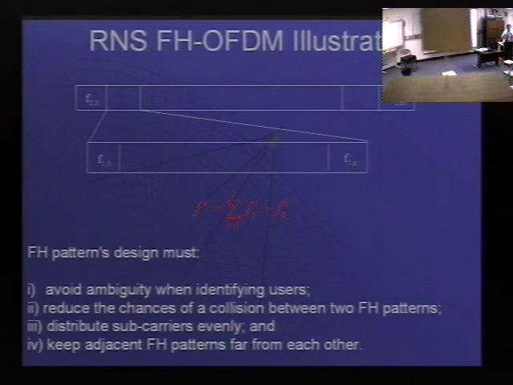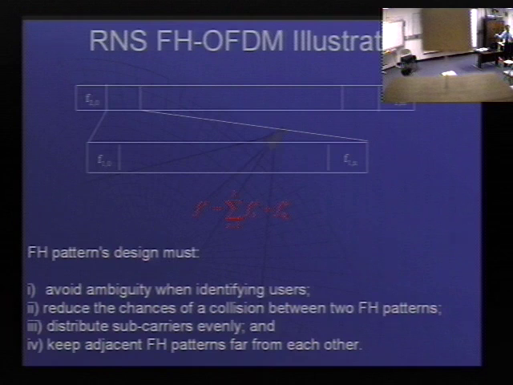You don't want to have two hopping patterns collide. The Walsh code, for instance, is a pseudo-random code, but how do you assign it? You want the least chance that one cell site assigns the same number as the other cell sites. You try to keep them as far apart as possible, just like when you're driving a car, you try not to collide with the user beside you or the user in front of you. Walsh code is just a code, but in a time fashion, how do you design this?